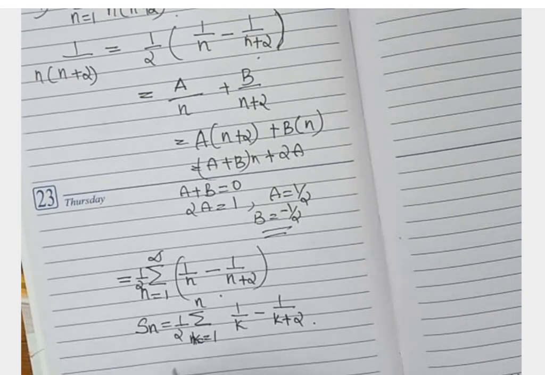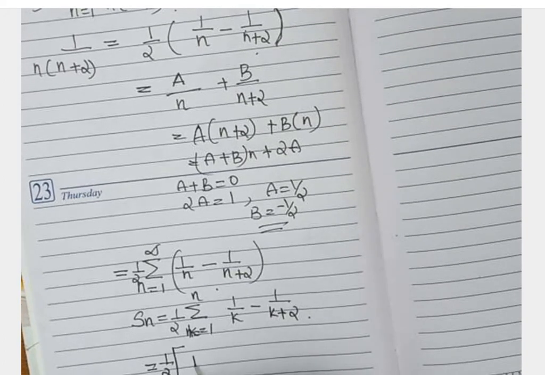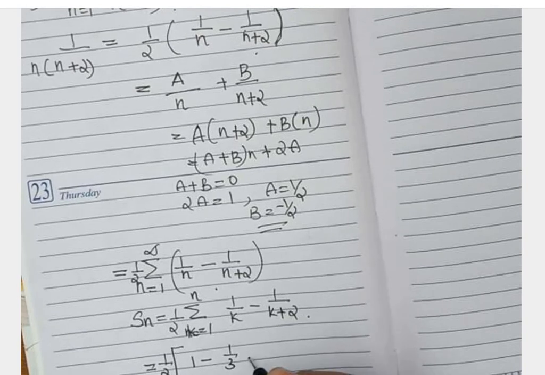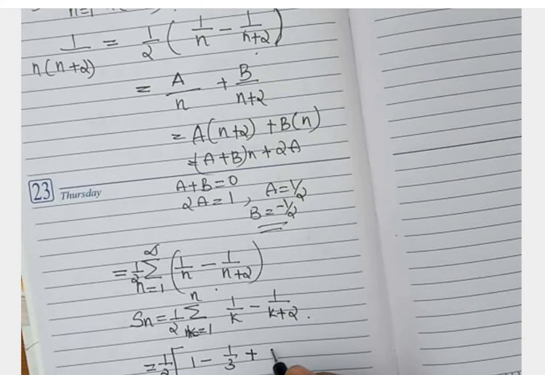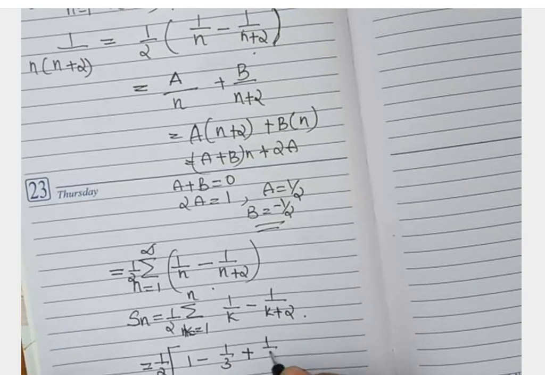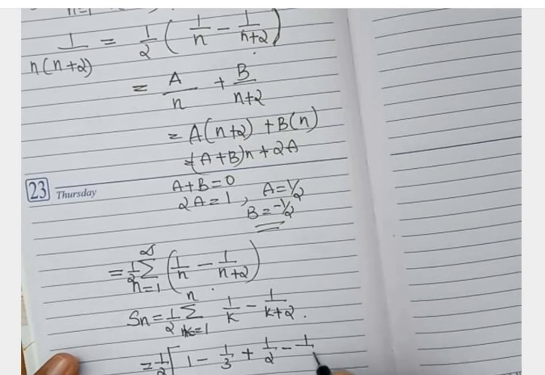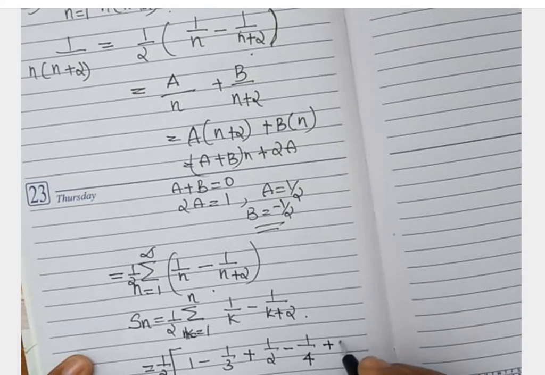For k equal to 1, we get 1 minus 1 by 3, plus for k equal to 2, 1 by 2 minus 1 by 4. Next is 1 by 3 minus 1 by 5.